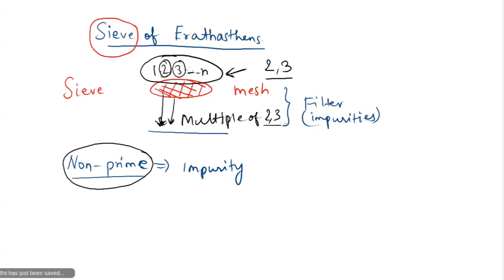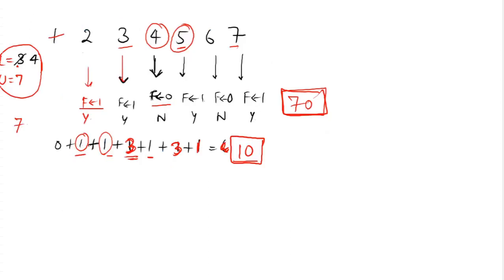Let's see by an example where one needs to figure out prime numbers from, let's say, 1 to 50. Let us represent these numbers in a tabular form.